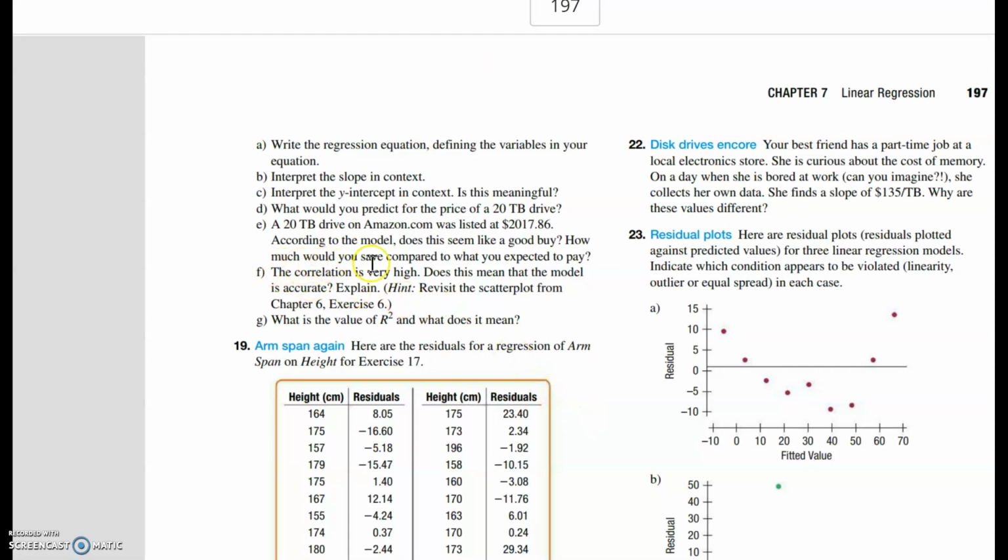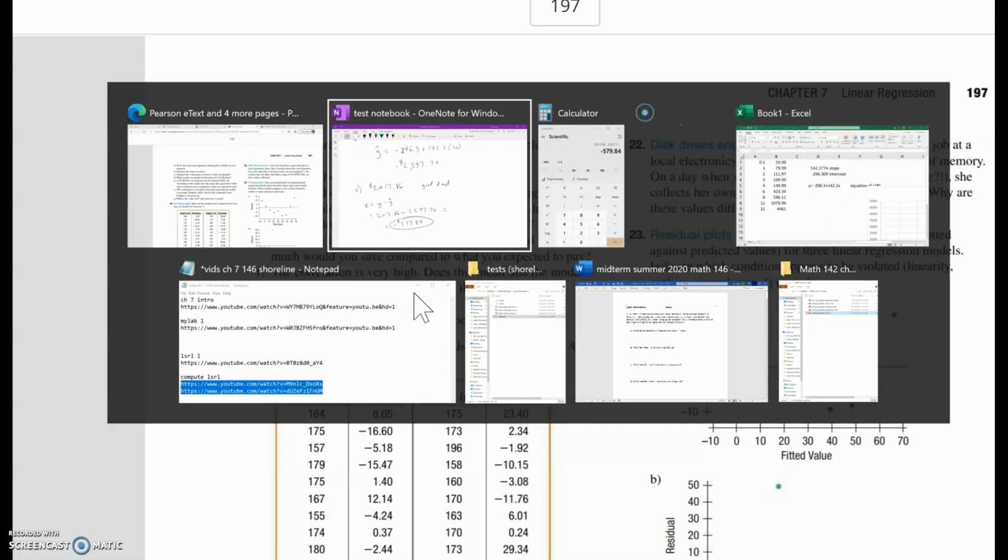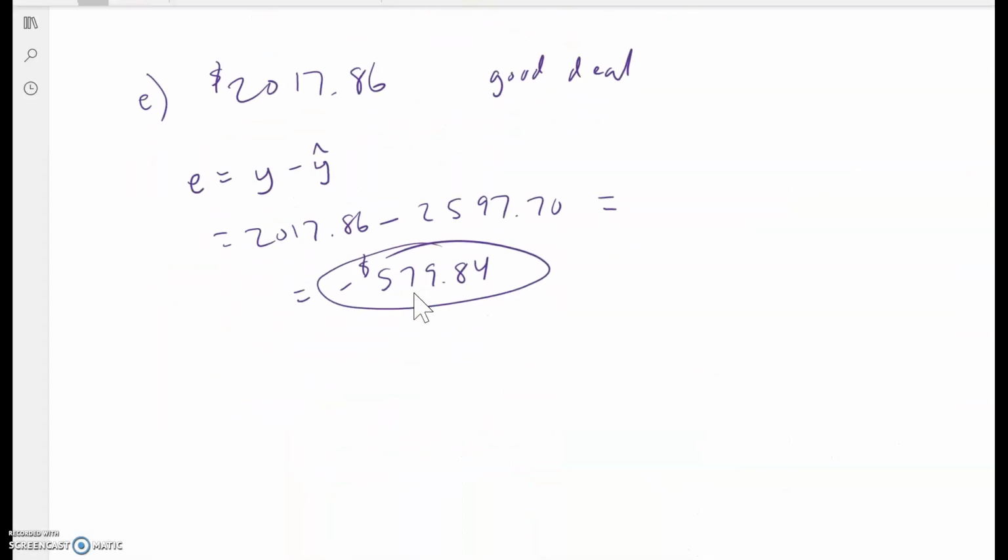Okay, and then part F. The correlation is very high. Does this mean that the model is accurate? So from an earlier video, we calculated the correlation. Correlation was like 0.98.